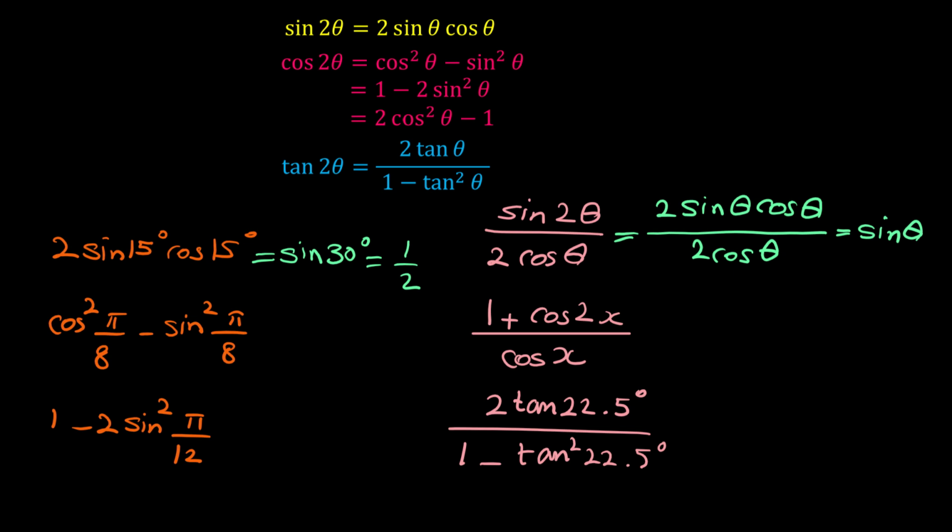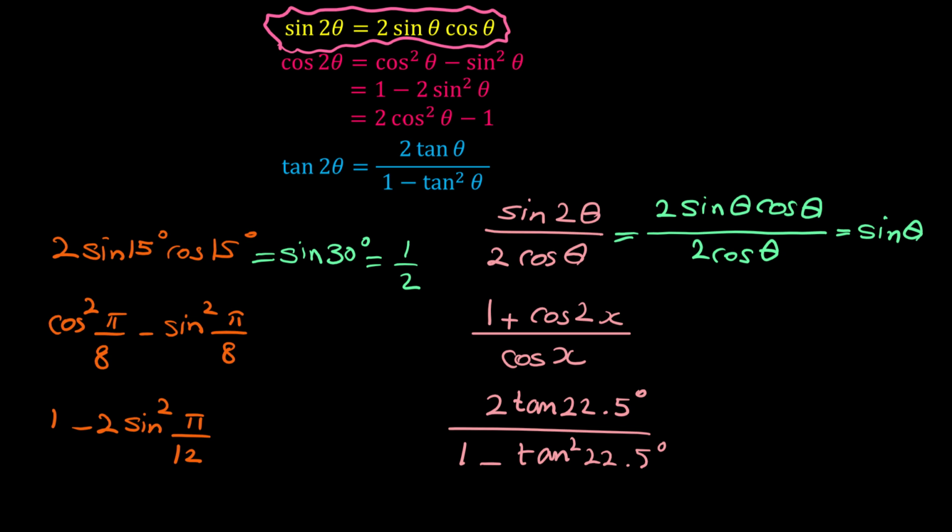Before I show you how we can use other identities for simplifying trigonometric expressions, let me explain something that is really important. Let's focus on this identity again. Sine of 2 theta is 2 sine theta cosine theta.